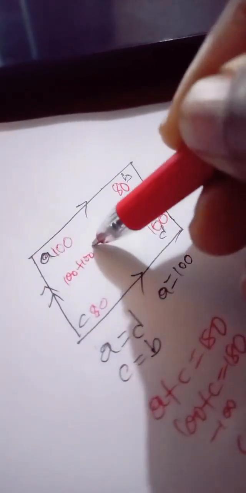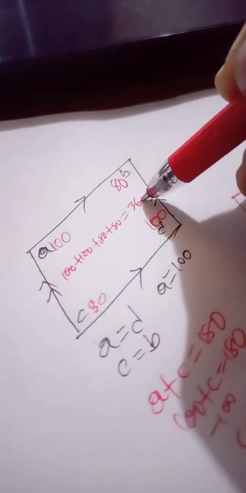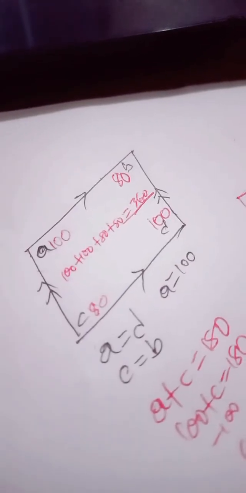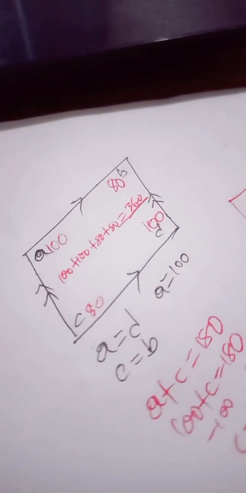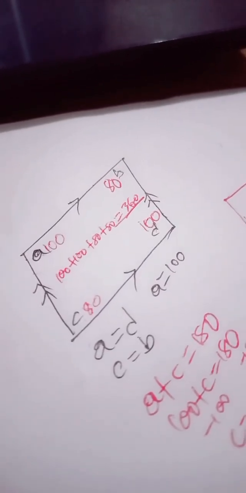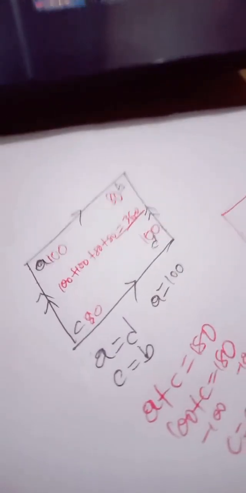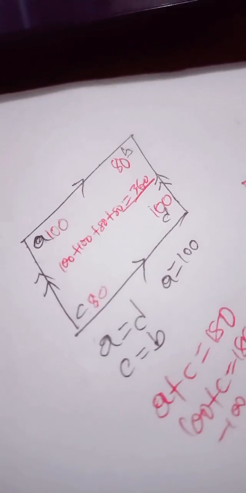So it's 100 plus 100 plus 80 plus 80 must give you 360. Every quadrilateral has 360 degrees if we add all four angles.